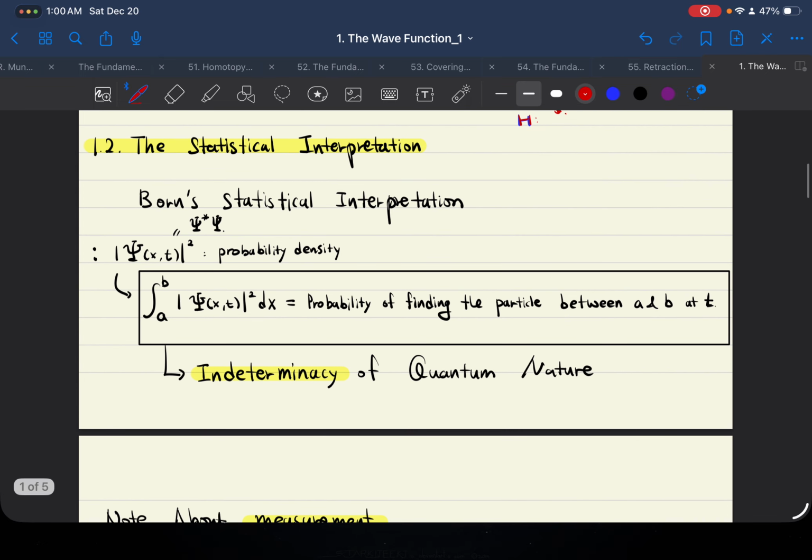So, what does that mean? What does it mean that we get the psi? Psi is basically a wave function, but what is a wave function? Actually, the wave function itself doesn't mean anything. But here is the statistical interpretation by Born.